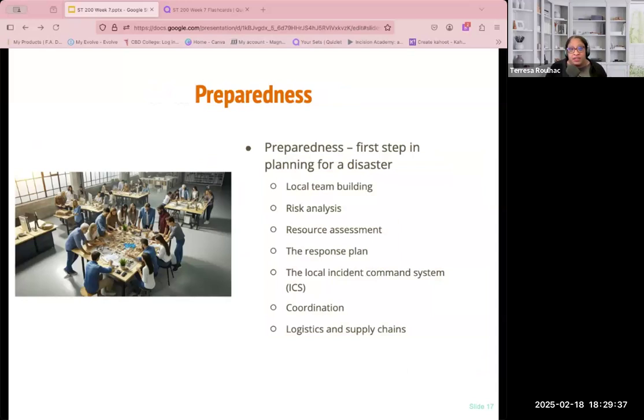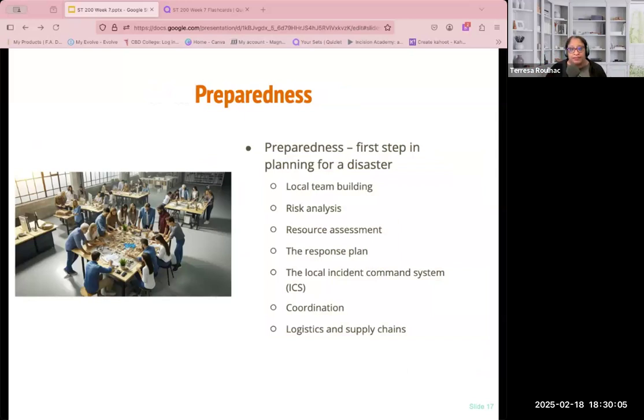Preparedness is the first step, it's also the foundational step in planning for disaster. This phase involves getting ready, having the mindset that at any time anything can happen, developing strategies and systems that will enable a community to respond effectively. So, here's how each aspect of preparedness comes into play.